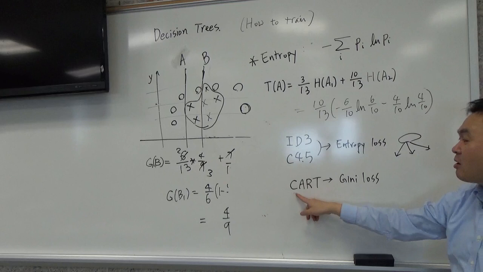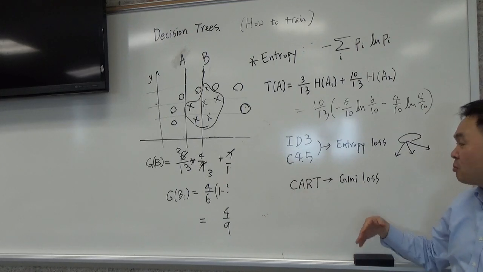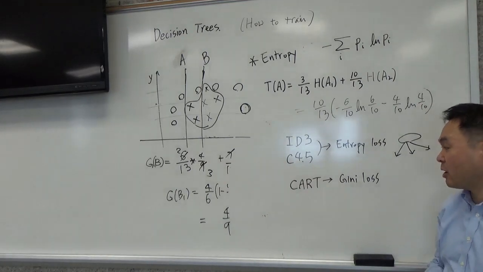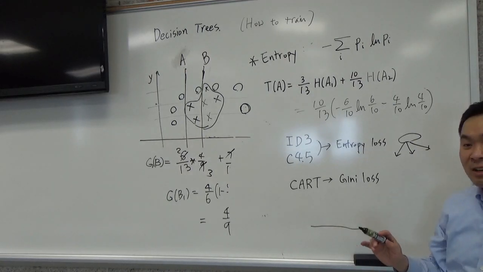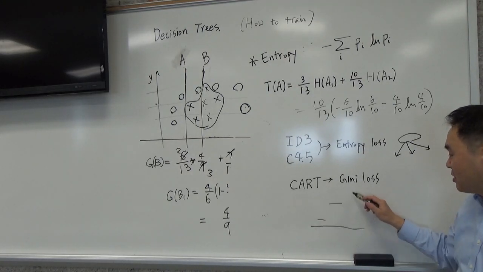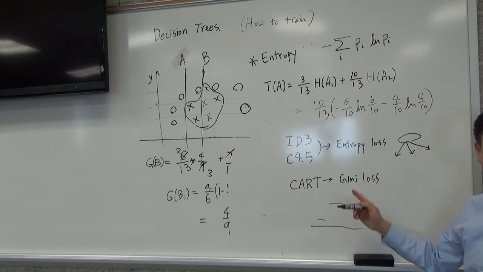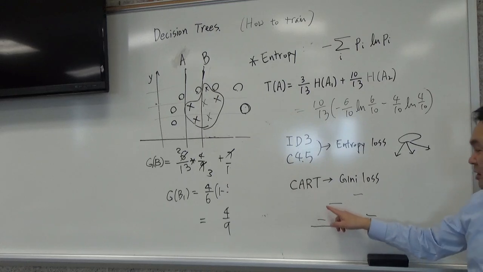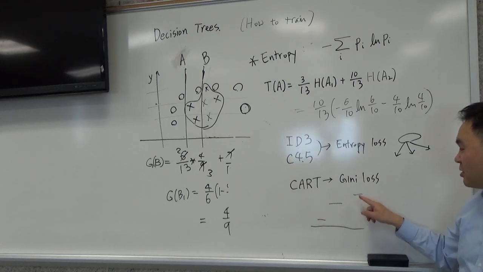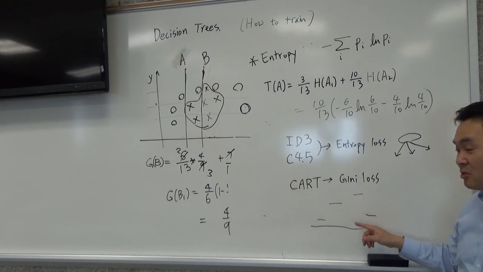So if you use CART to make a prediction of continuous values, if you had a single feature, it would be something like this. So you'll have piecewise constant functions generated by CART.